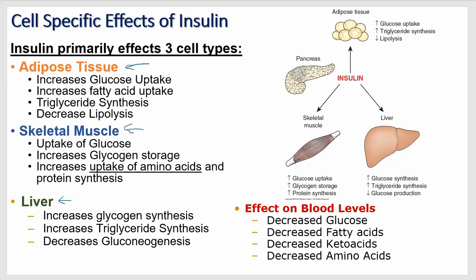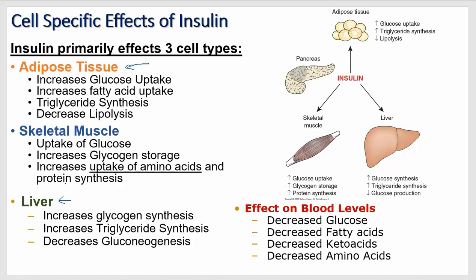Liver does that. Skeletal muscle, as we know, has a secondary function, and that is being muscle and helping us walk and stuff. And then adipose tissue is storage of fat. So all of this stuff should make sense.